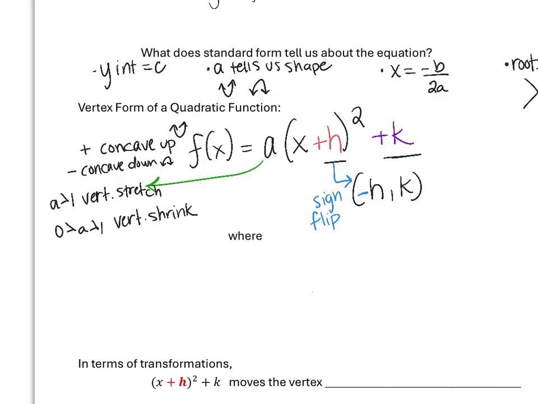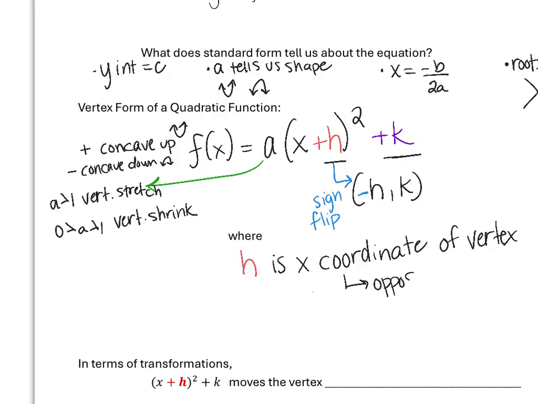So then, for h in the vertex form, h is the x-coordinate of the vertex. And we remember that we have to take the opposite sign of how it's written in vertex form.